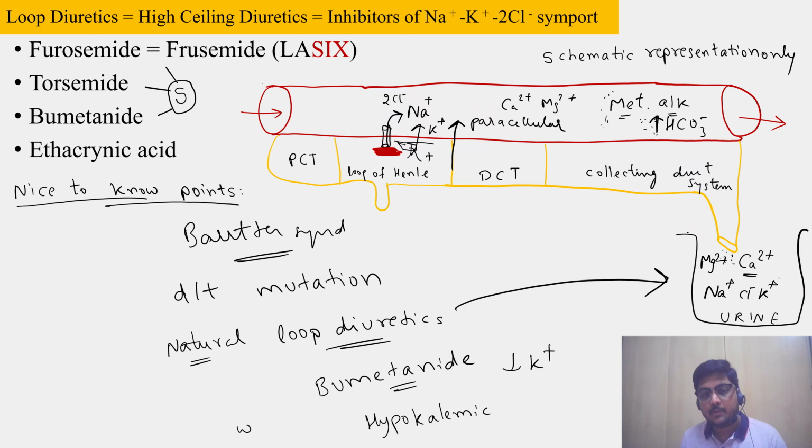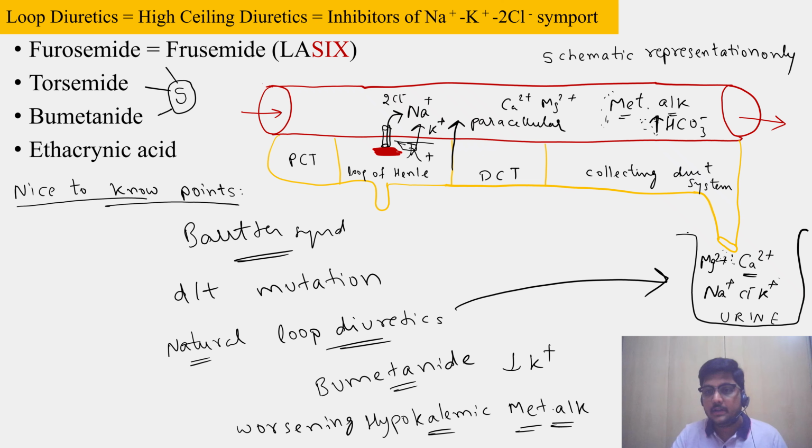Already the patient has landed in metabolic alkalosis, because a natural loop diuretic effect is ongoing in the patient with Bartter syndrome, right? So if we give any loop diuretic in a Bartter syndrome patient, it worsens the hypokalemic metabolic alkalosis. This point is useful in clinical practice, and it is a very popular MCQ in entrance exams.